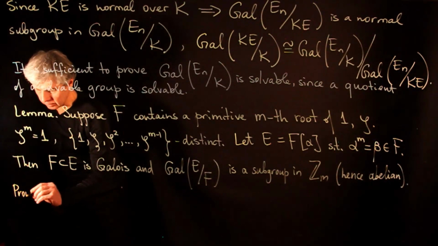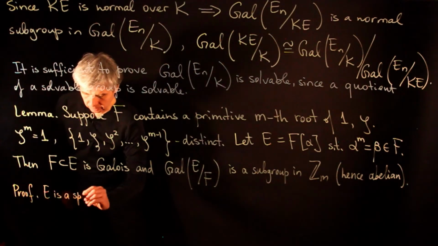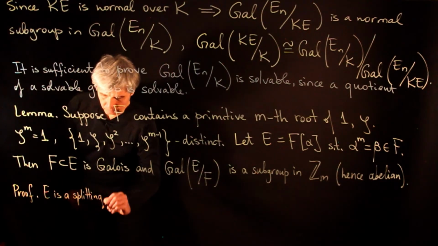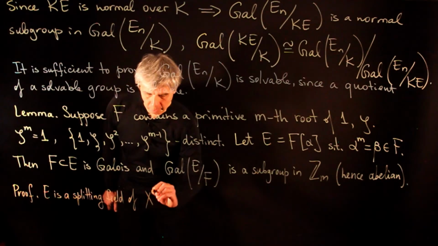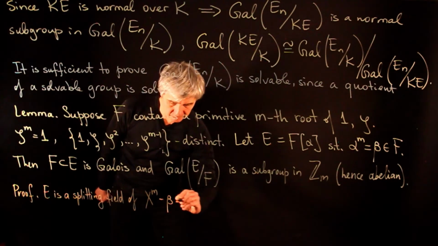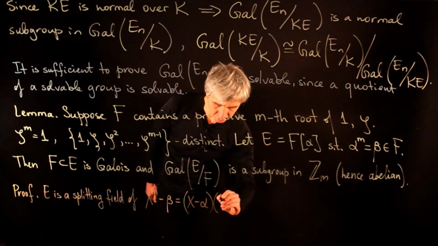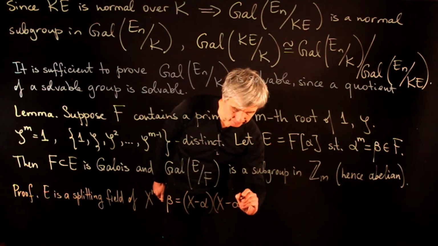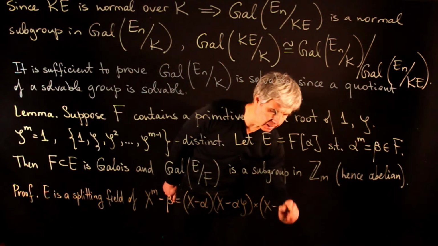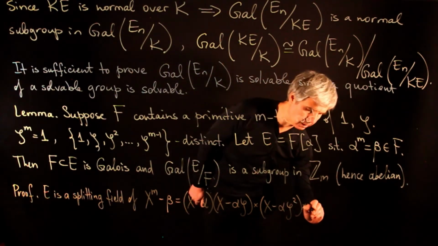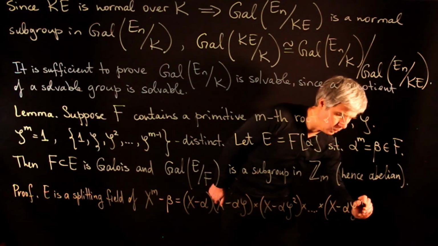To prove this lemma, we point out that E is a splitting field of the polynomial x to the power m minus beta, since this polynomial factors as x minus alpha times x minus alpha zeta times x minus alpha zeta squared, up to x minus alpha zeta to the m minus 1.